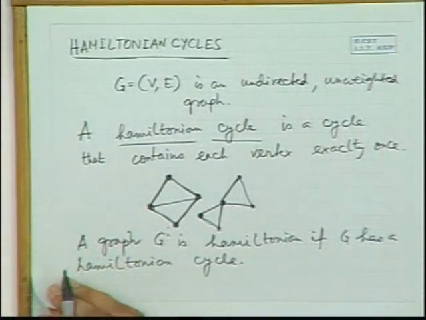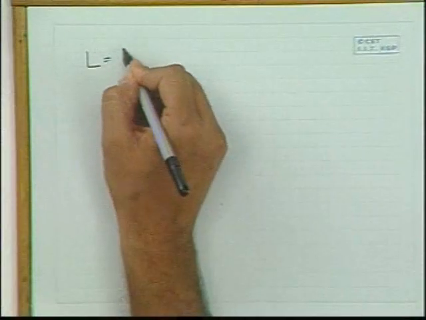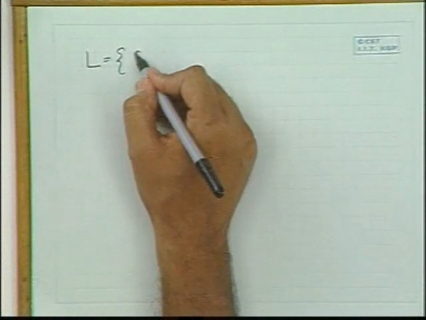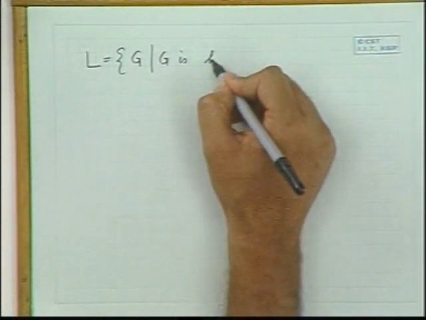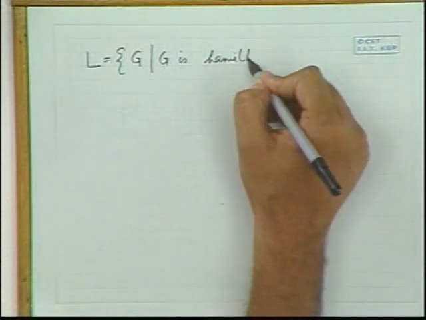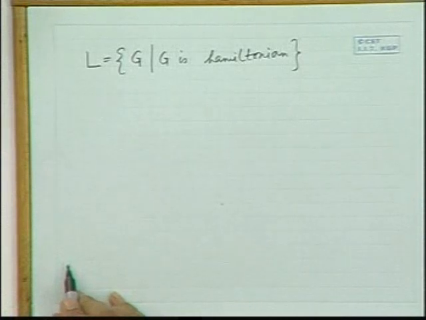Now we are going to define the language for the problem. The corresponding language L is the encoding of all the graphs G such that the graph G is Hamiltonian. So this is the language corresponding to this problem.